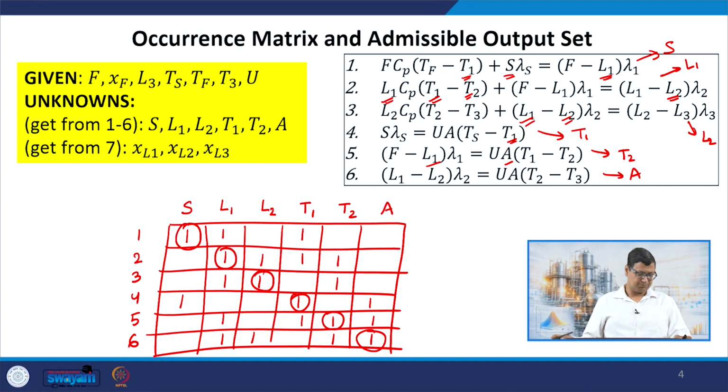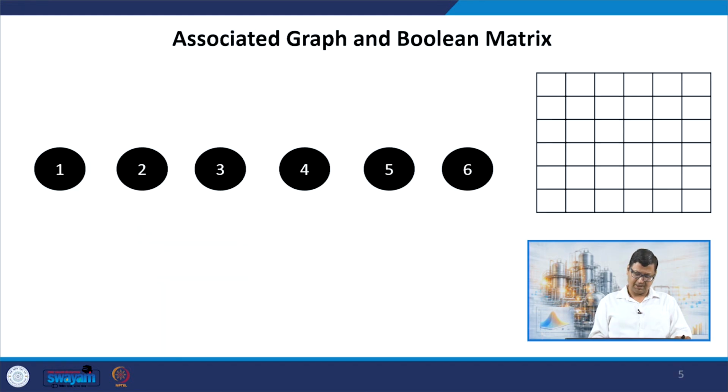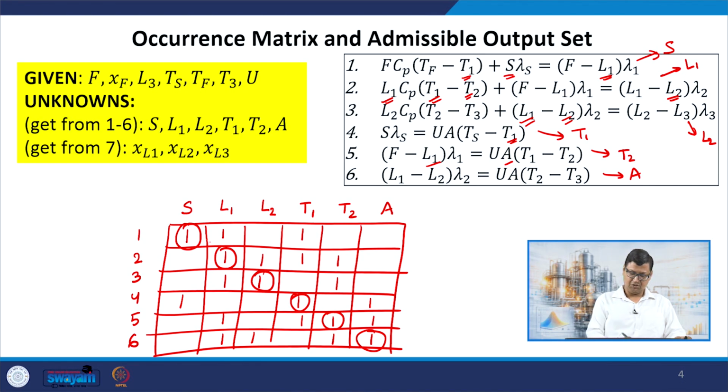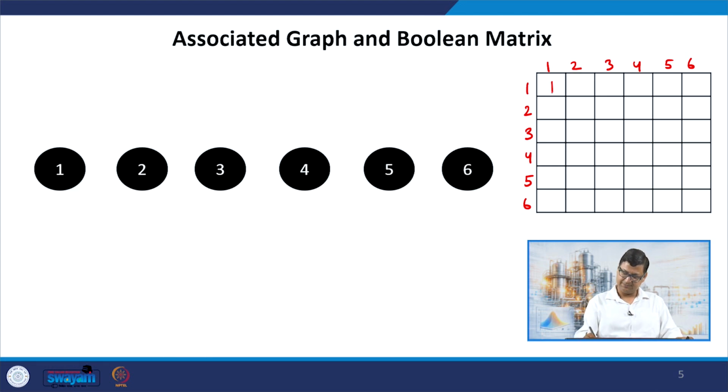So, we take a transpose of this and the Boolean matrix therefore becomes, these are the labels. First row is 1 1 1, that becomes a column here.